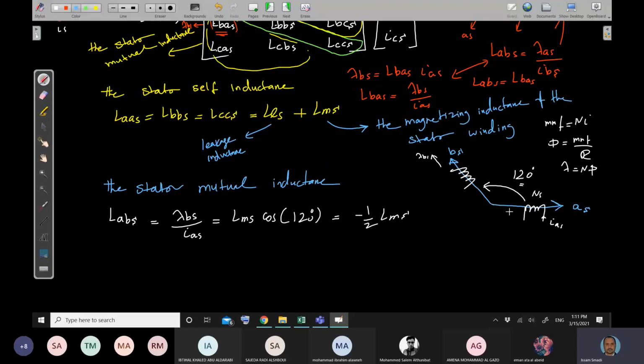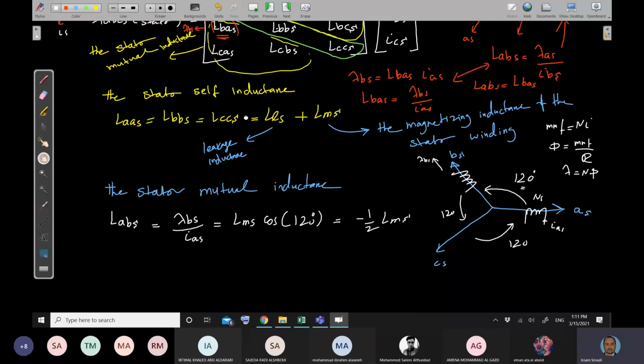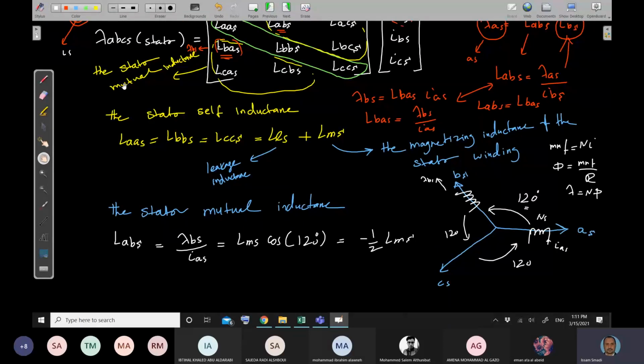Due to the three-phase balanced system, the angle between BS and CS is also 120 degrees, and the angle between CS and BS is also 120 degrees. So all the off-diagonal elements, all the stator mutual inductances, will be equal to minus 1 over 2 LMS.